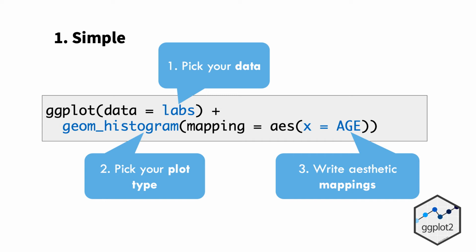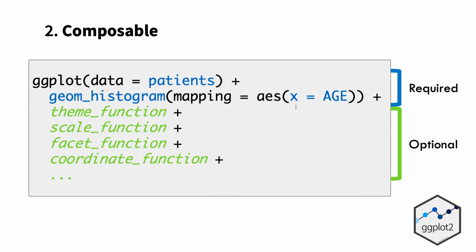So the idea is that there's one simple template into which you can plug these three things, and you can create any plot you could think of. Now, you can go further and compose a plot of multiple layers of plots by combining ggplot functions with each other and create arbitrarily complex and customized figures.